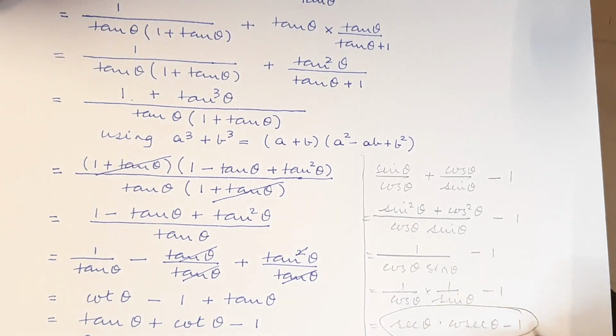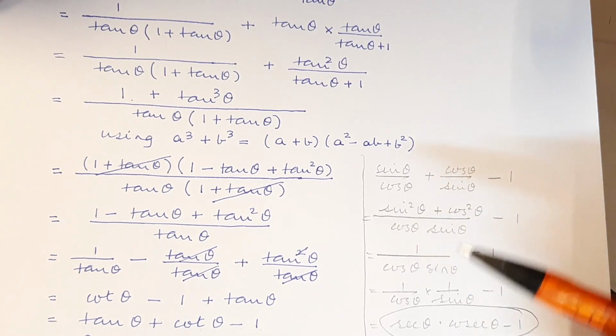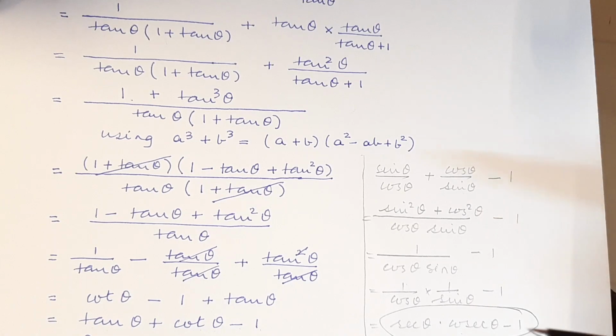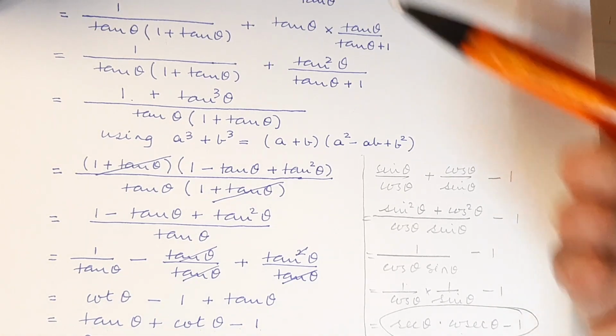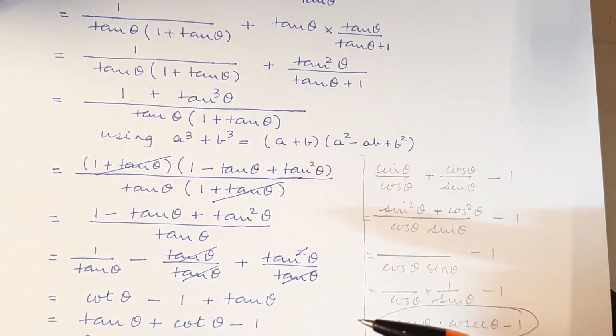Now, when you have this, you understand that tan theta cot theta has been converted into sine and cos. And so that gives you another trigo identity like this. So you see that there is no way you can be afraid of this particular topic.